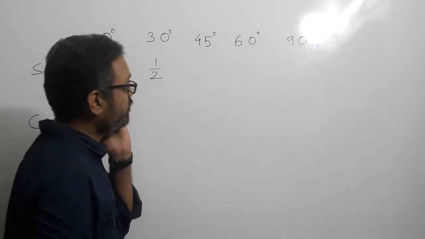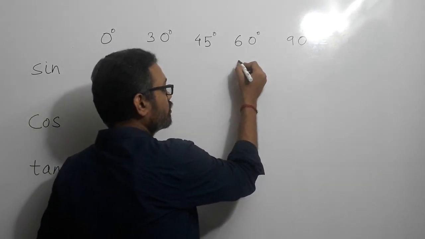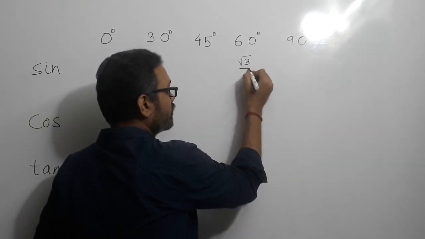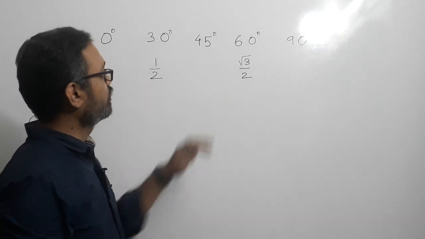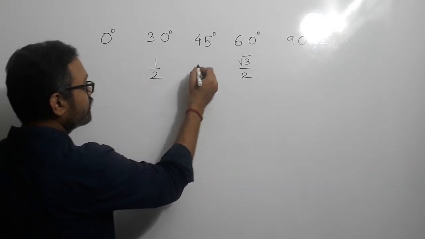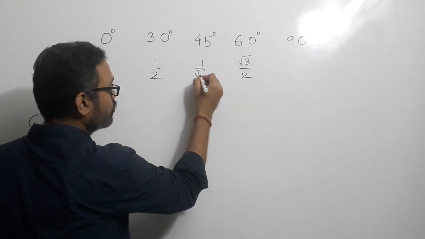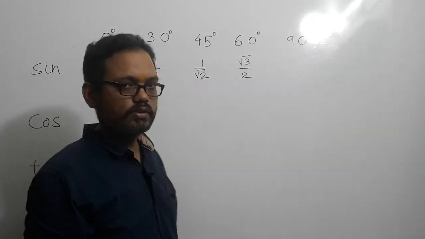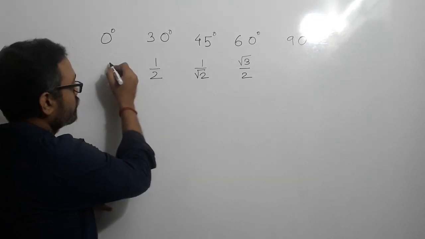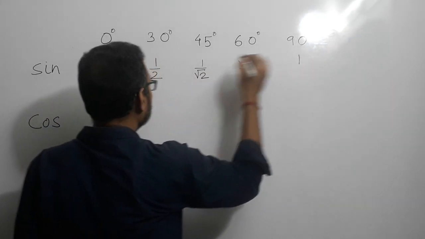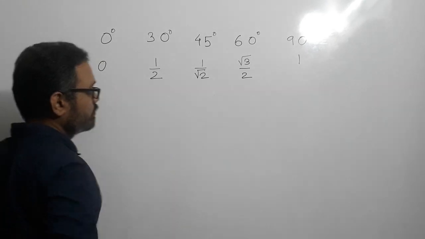What was the value opposite to 60 degrees? It was root 3 by 2 of the hypotenuse. Forget the hypotenuse part. The side opposite to 45 degrees was 1 upon root 2 of the hypotenuse. Also, sine 90 is 1, sine 0 is 0.